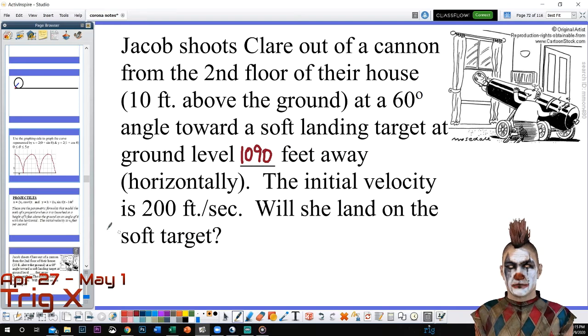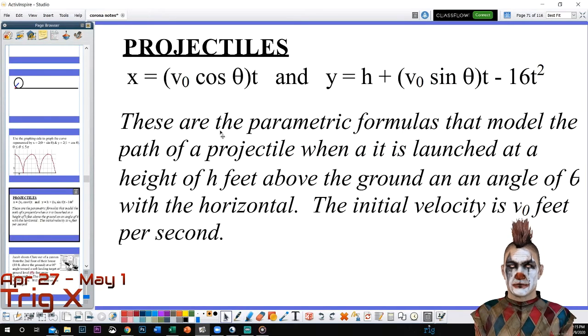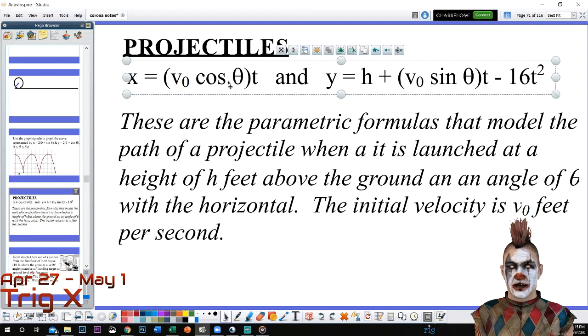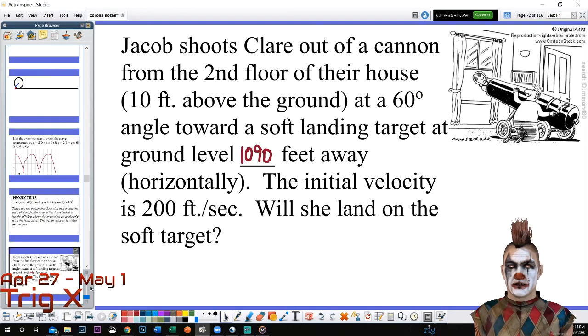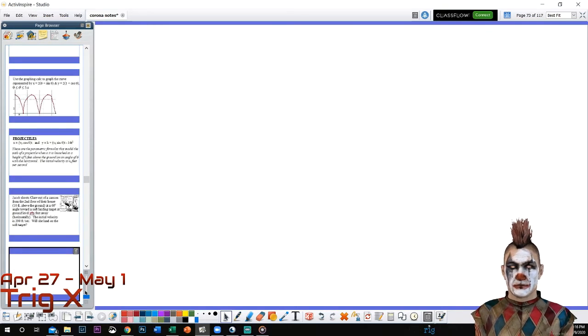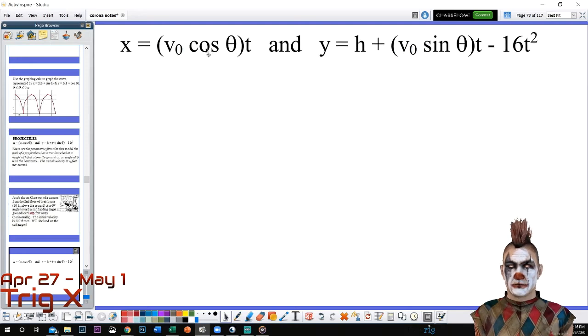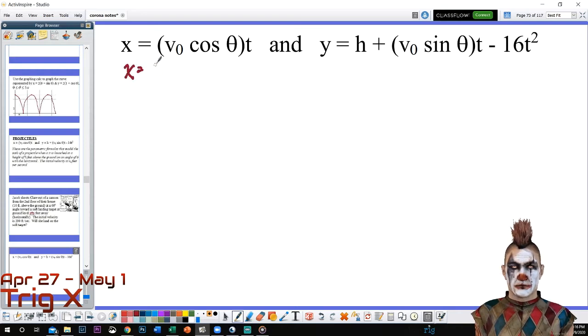Excellent question. So let's go back here and look at our equations. These are our formulas, and I'm going to copy this and then paste it, just so I have enough room. So let's use our information to create equations. The initial velocity we said was 200 feet per second, so I'm going to put 200 right here.